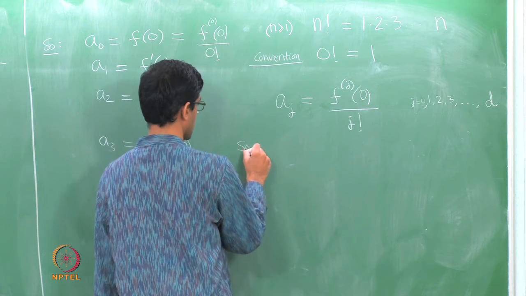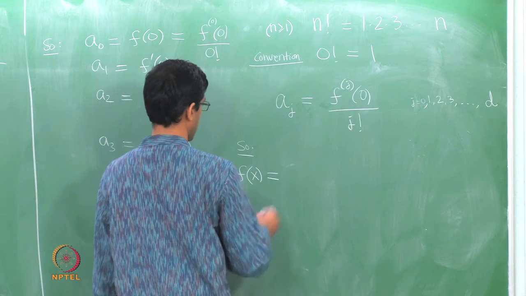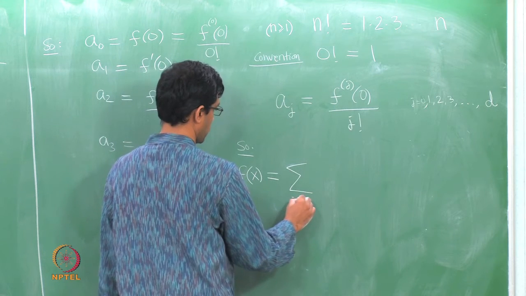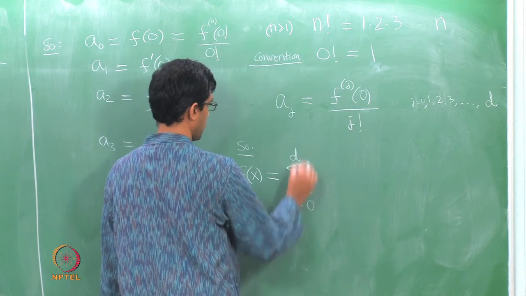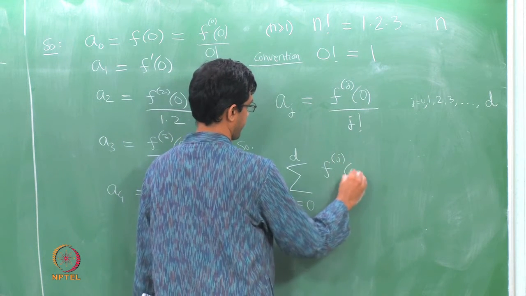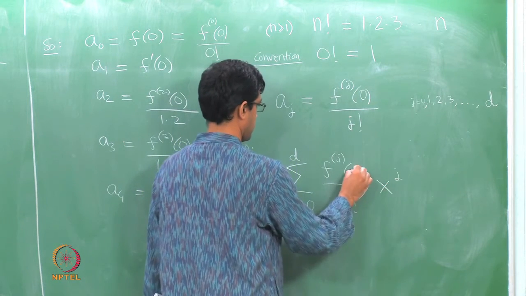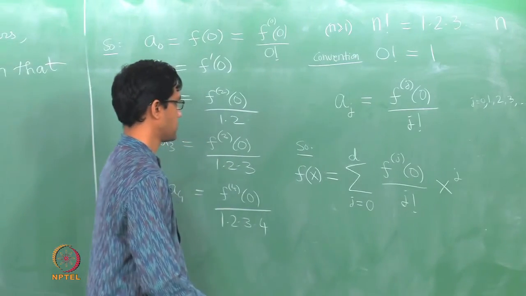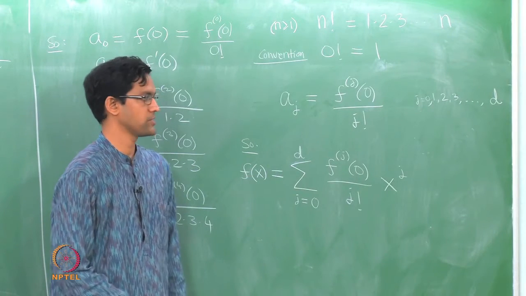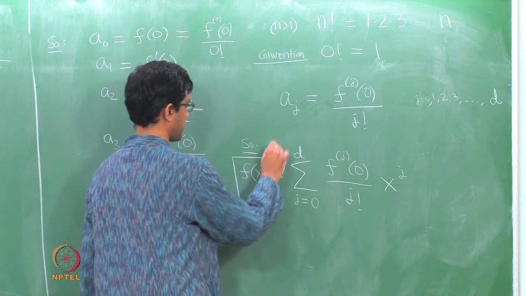So, conclusion is that the polynomial f of x that you want is nothing but, I will just use the summation notation, the sum j going from 0 to d of, so f of x is just given by the sum of its higher derivatives at 0 divided by j factorial times x power j. So, this formula here is what you would call Taylor's formula.